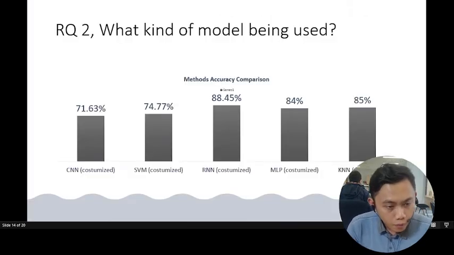And the answer for research question 2 is what kind of model is being used. After we collect the data, we review the papers and choose the best paper.